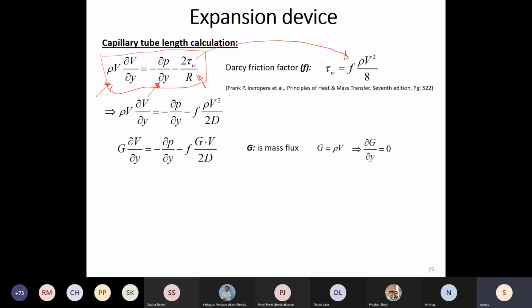If you want to see from where I have taken this expression, the references are all given. And this F itself has the 64 by RE, or if it is in turbulent region, you will have to look into the Moody's chart.